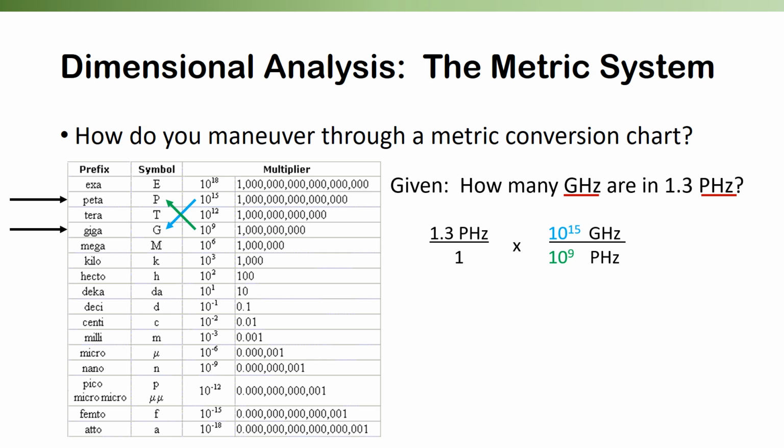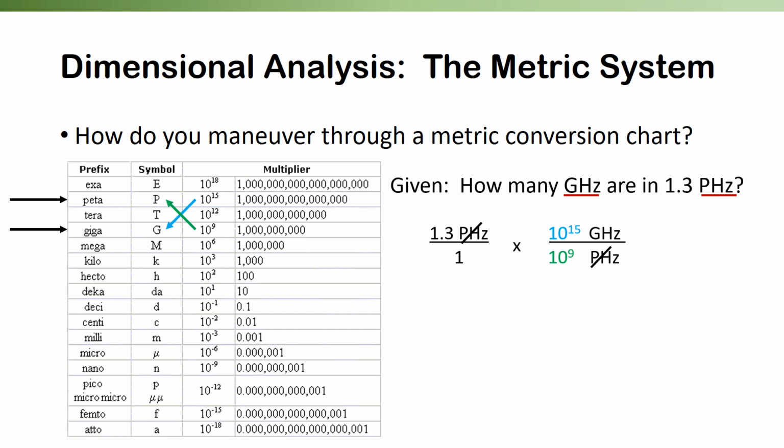Now that takes us to the third step in problem solving, which is to cross out repeating terms, which in this case would be our petahertz. So we have petahertz in the numerator, petahertz in the denominator. They get to go away, leaving us with just the units we seek, which are going to be those gigahertz. And now we are at the fourth and final step in our problem solving, which is to do the math with what's left.